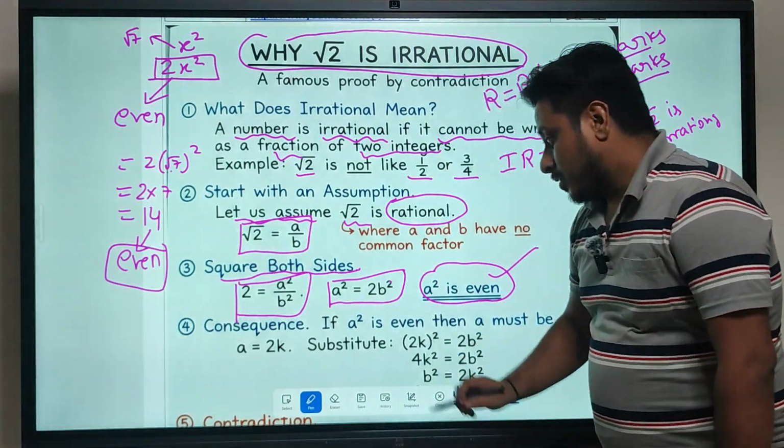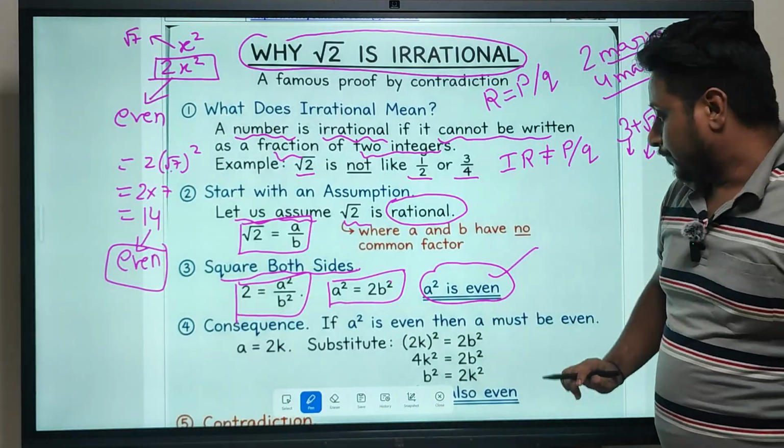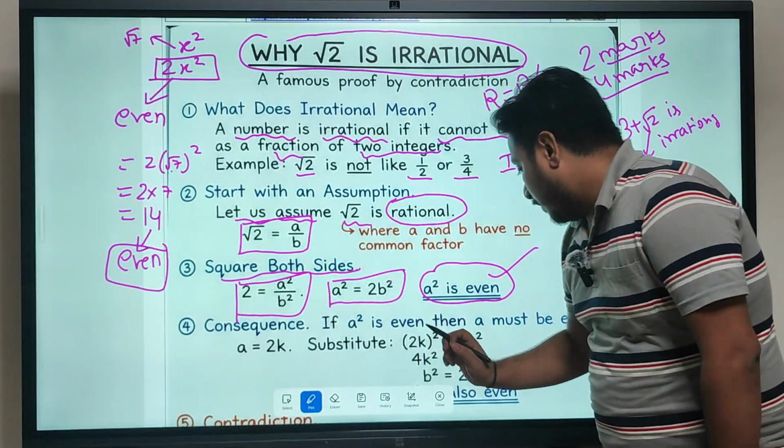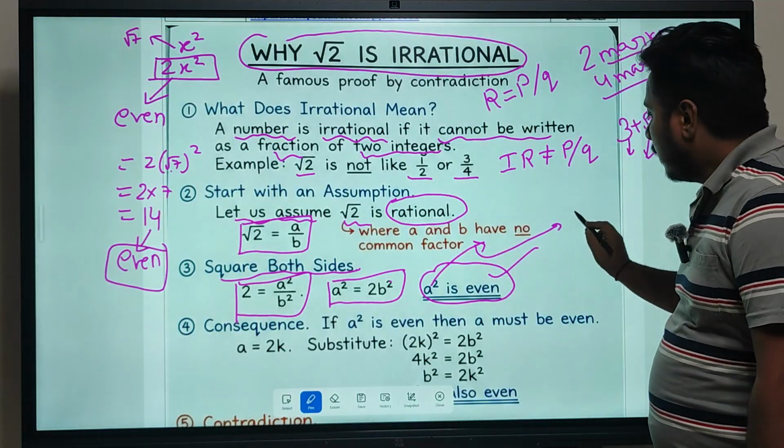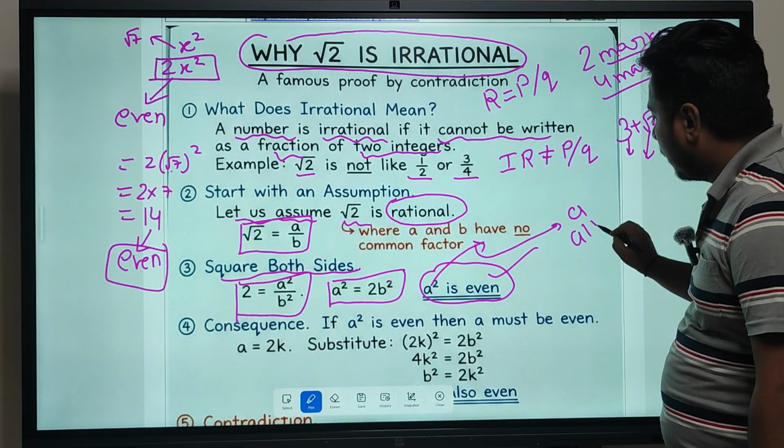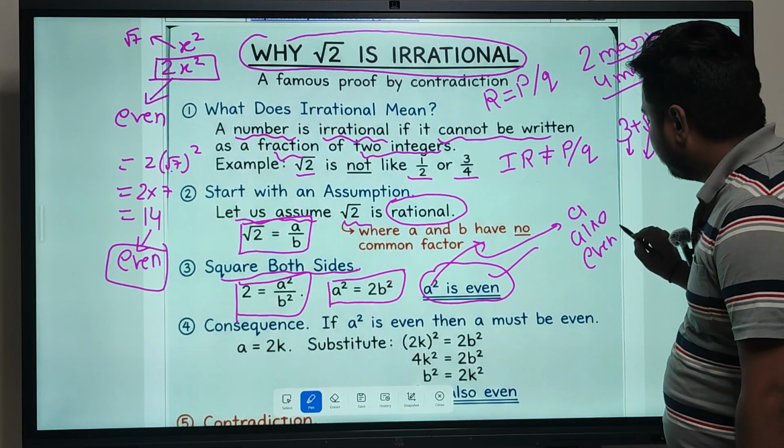As a consequence, if a square is even, then a must be even. If a square is even, then definitely a is also an even number.